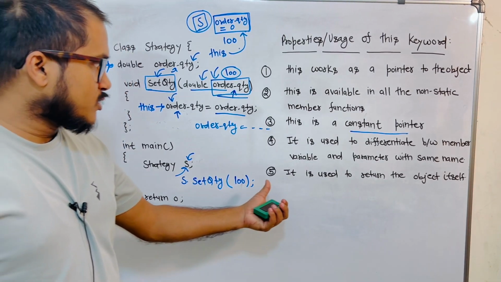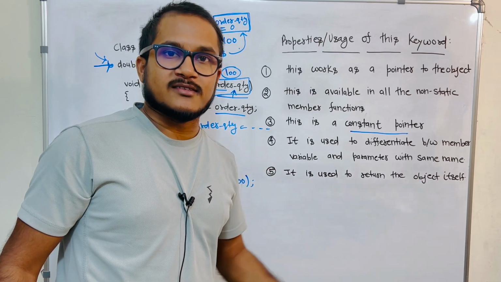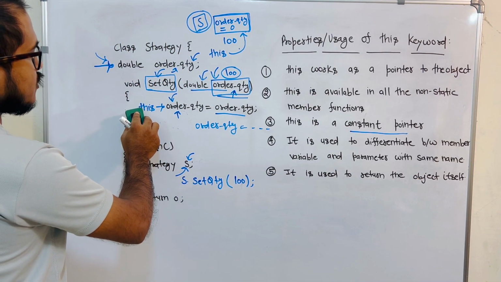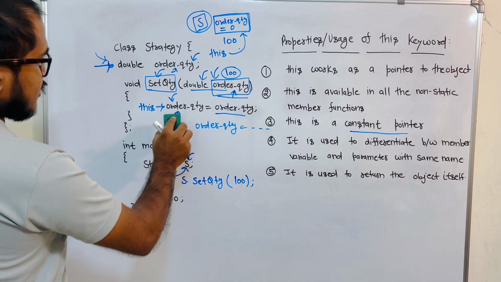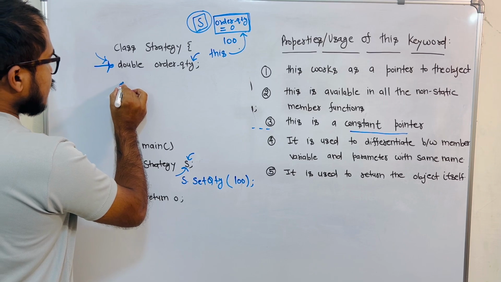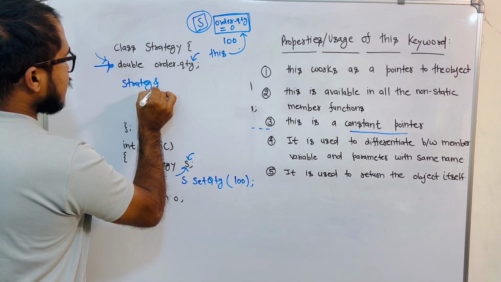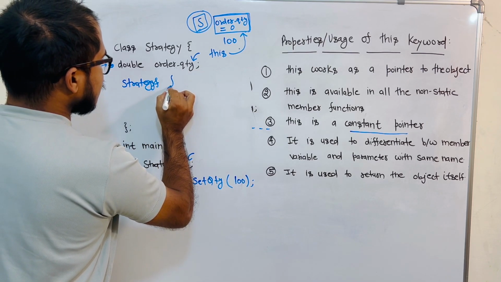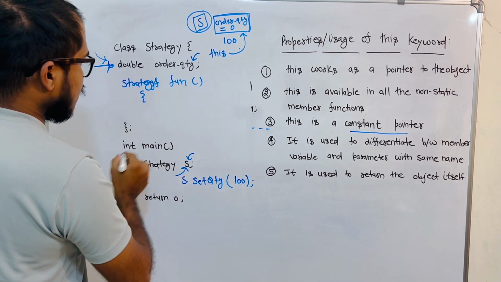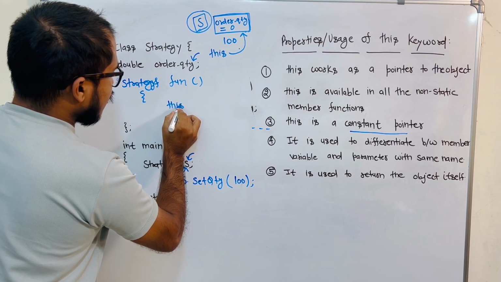So if I talk about the next point, then I can say it is used to return the object itself. Sometimes it does happen that we need to return the object of this same class from some function. So let's try to understand that. Let's say I want to return the object of strategy from this function. So what I will do, I will just do some operation on this object.